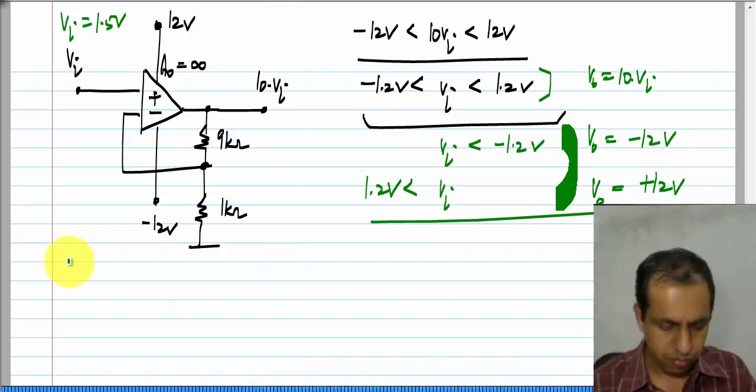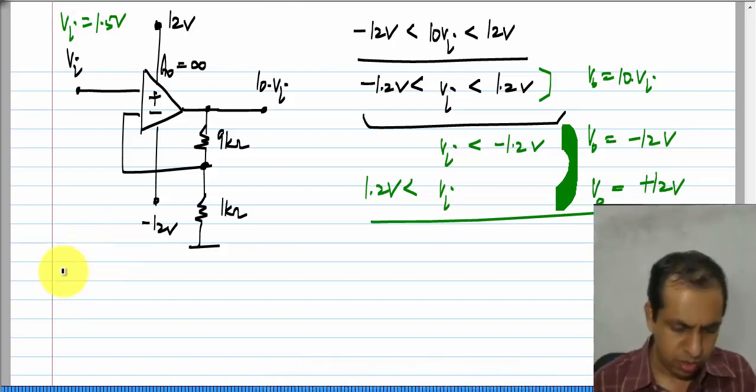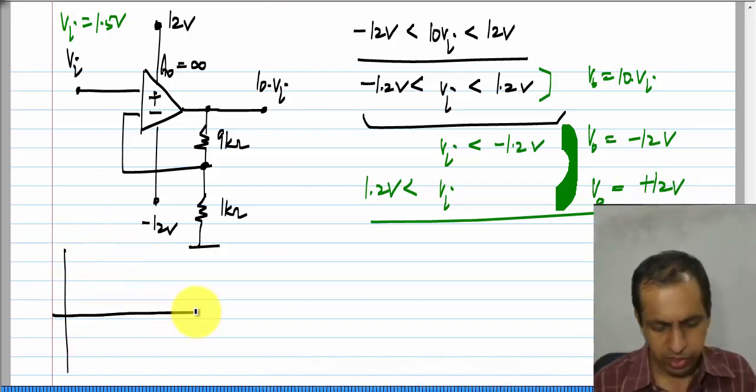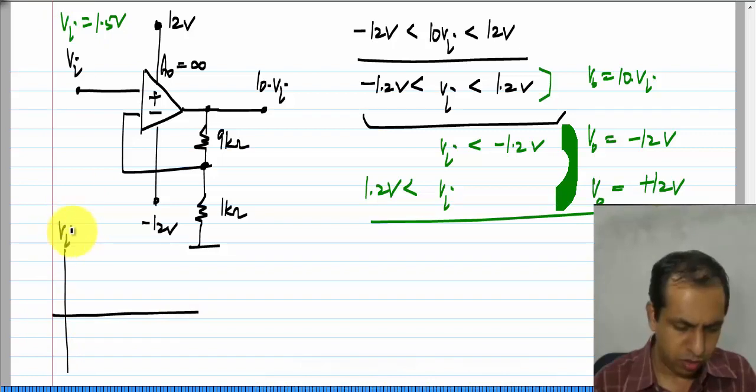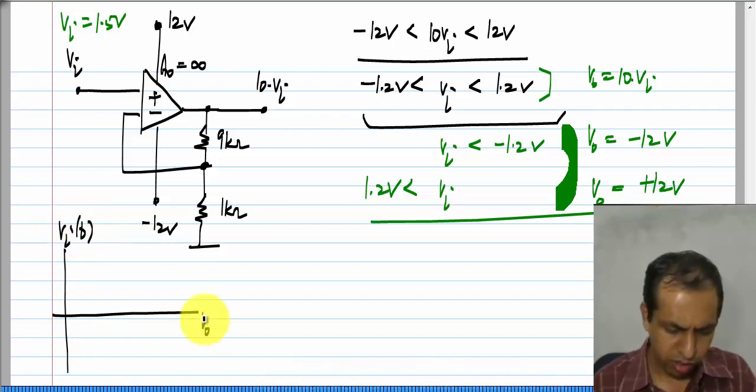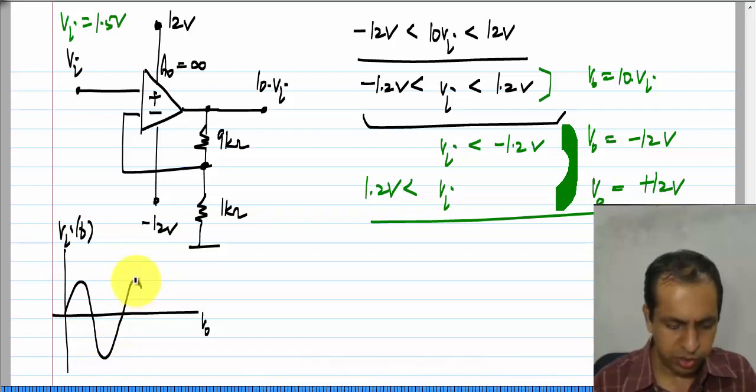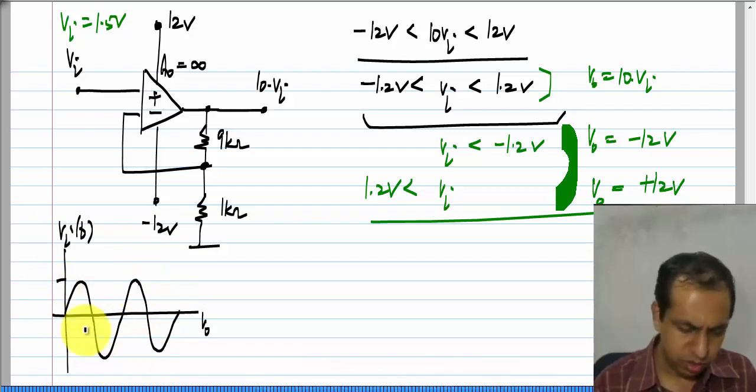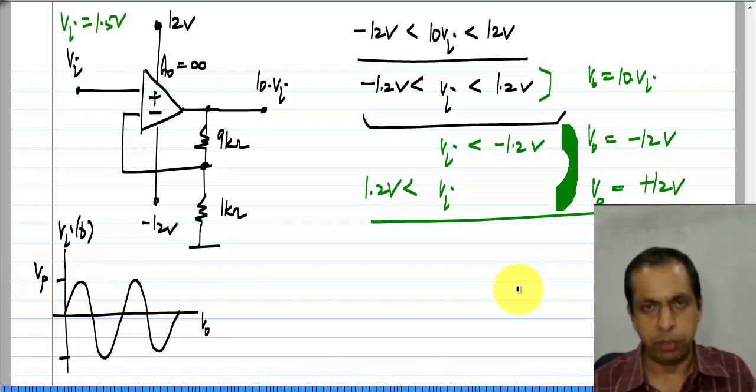Also, let us say you apply a time varying signal. The standard signal to analyze circuits with is a sinusoid, and let us say the peak value is V p.